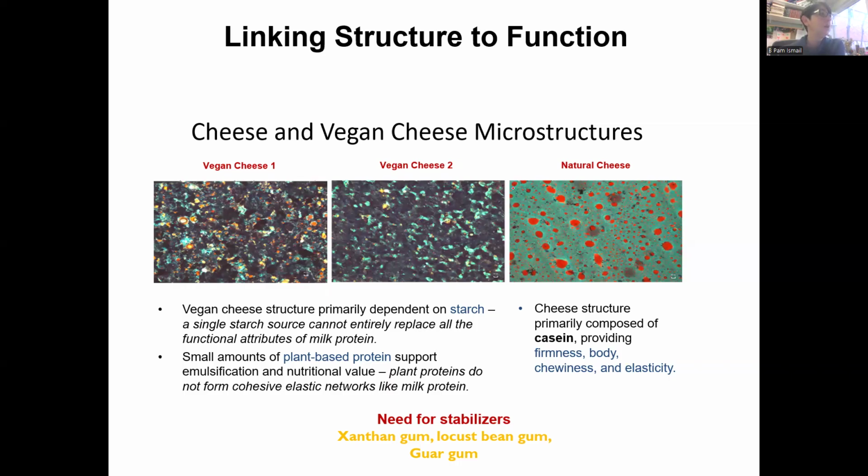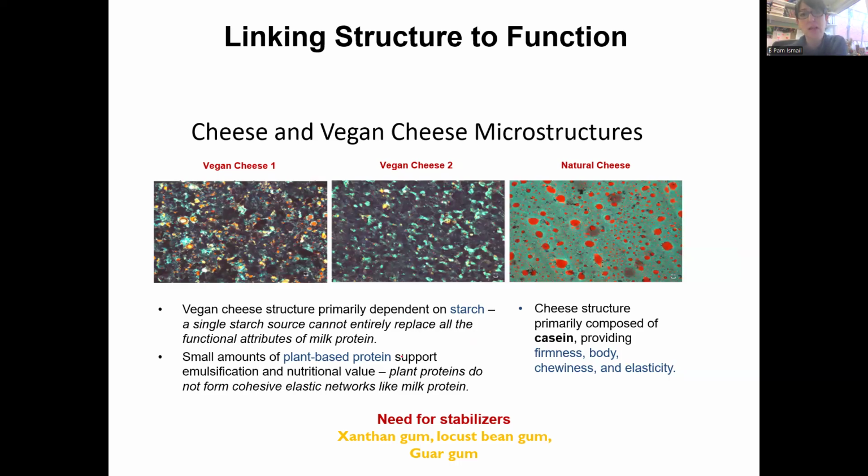If we look at the vegan cheese, we see a lot of blue, and the green for protein is dispersed. It doesn't form a network, and the fat is dispersed as well. The blue tells us that in vegan cheese, you have a lot of hydrocolloids, a lot of carbohydrate, starch, and very little protein.